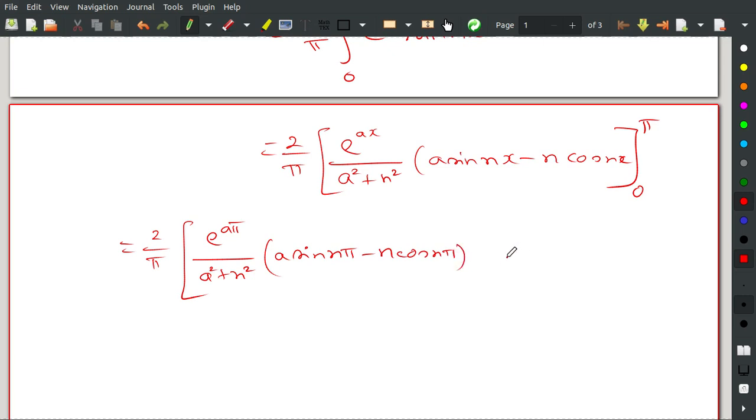If we substitute the lower limit, we have e power 0, so 1, divided by a square plus n square, and sin of 0 is 0, so we won't have this term. So we have minus, it is multiplication, so minus n into cos of 0, and cos of 0 is 1.